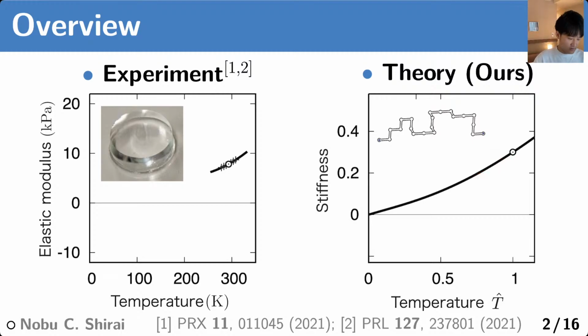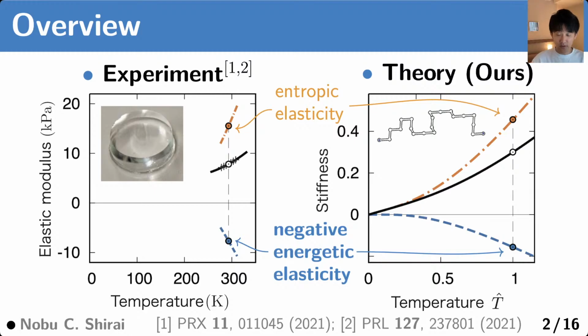It's quite similar, and the important point is we could also explain the entropic and energetic parts of it. So it's also similar curves, and the main finding of the experiment was that the energetic elasticity becomes negative for gels, and our theory could show that property.